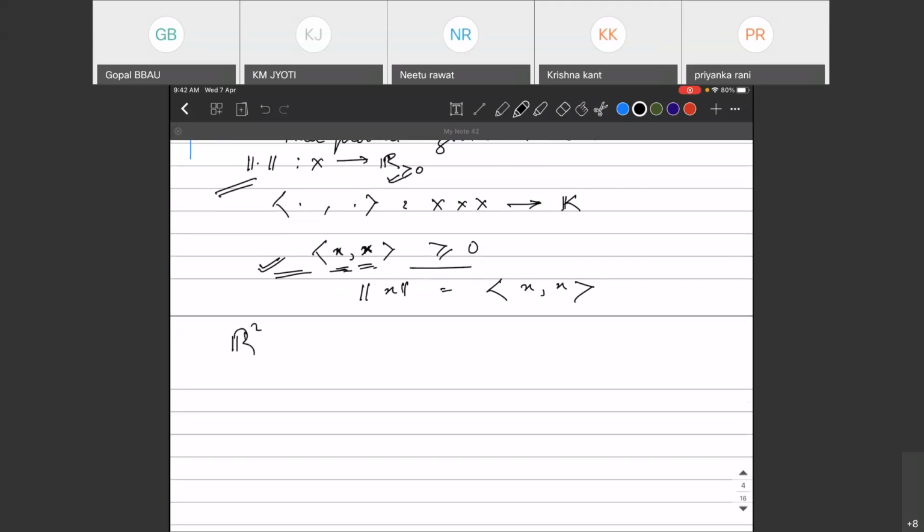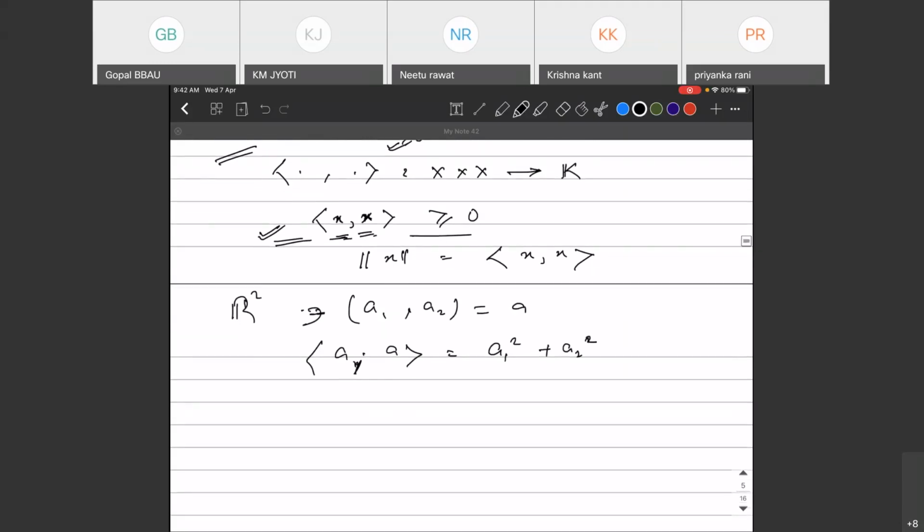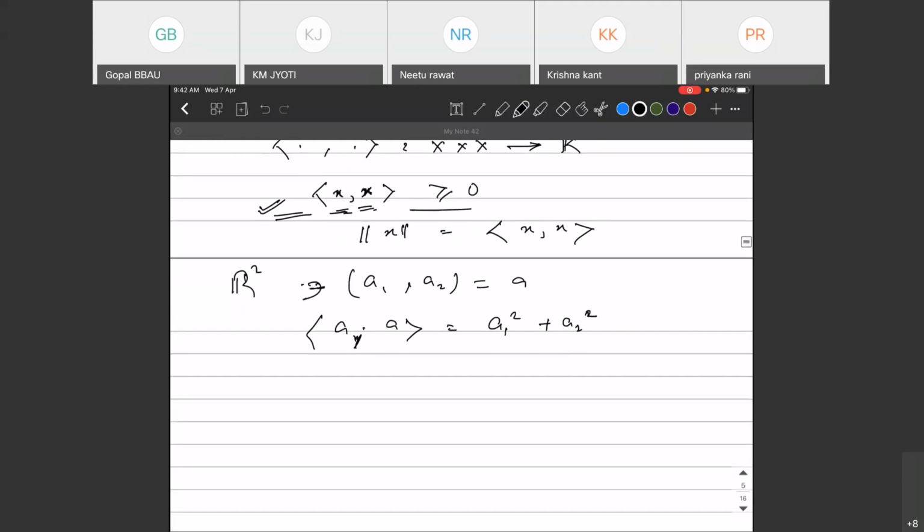So we know in R2, if we have an element a = (a1, a2), what is (a, a)? By definition, (a, a) is a1 square plus a2 square. Correct? But you know the norm of a in R2 is the square root of a1 square plus a2 square.